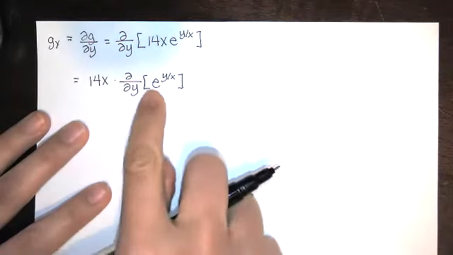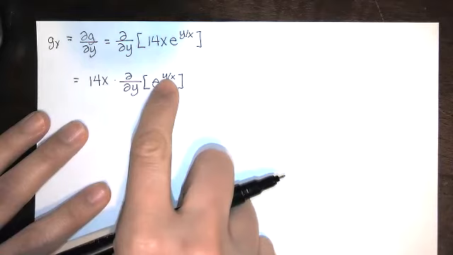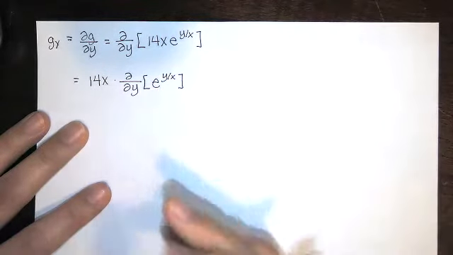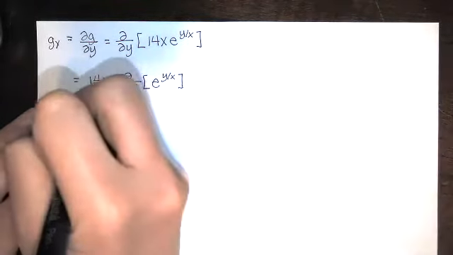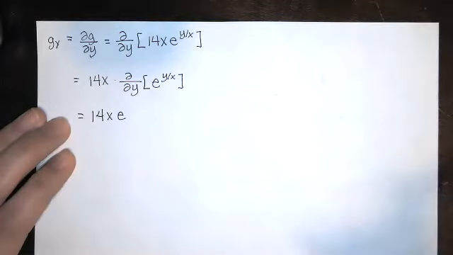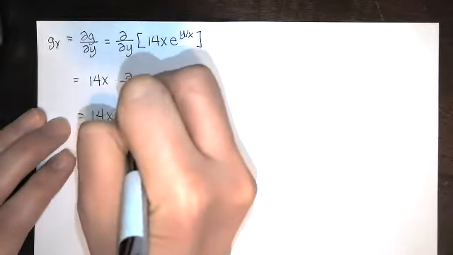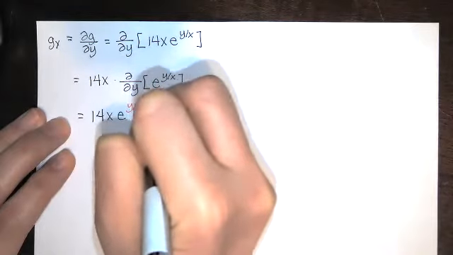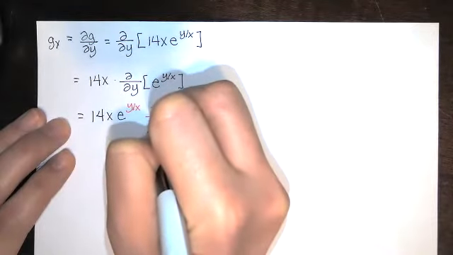And again, I don't just have e to the y, I have e to this power involving y, so I have to use the chain rule. The derivative of e to some power is e to that power times the derivative of the inside with respect to y, treating x as a constant.